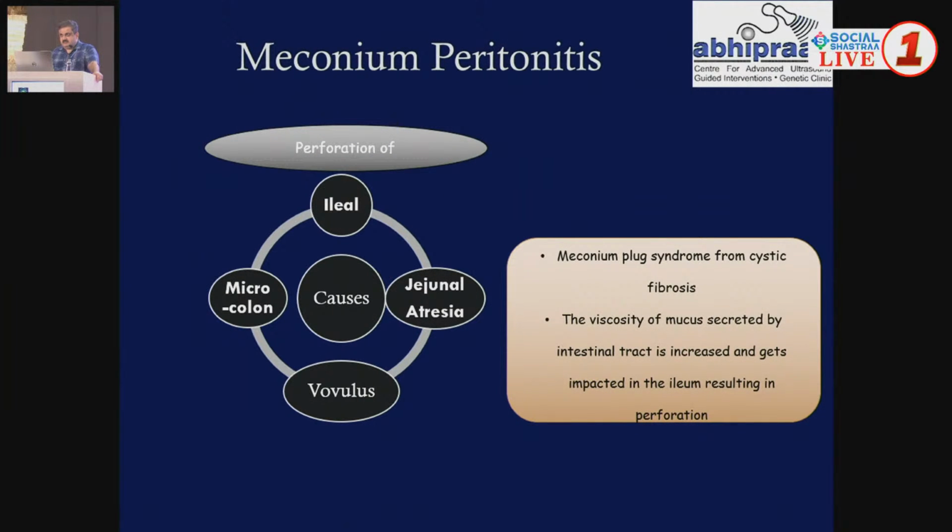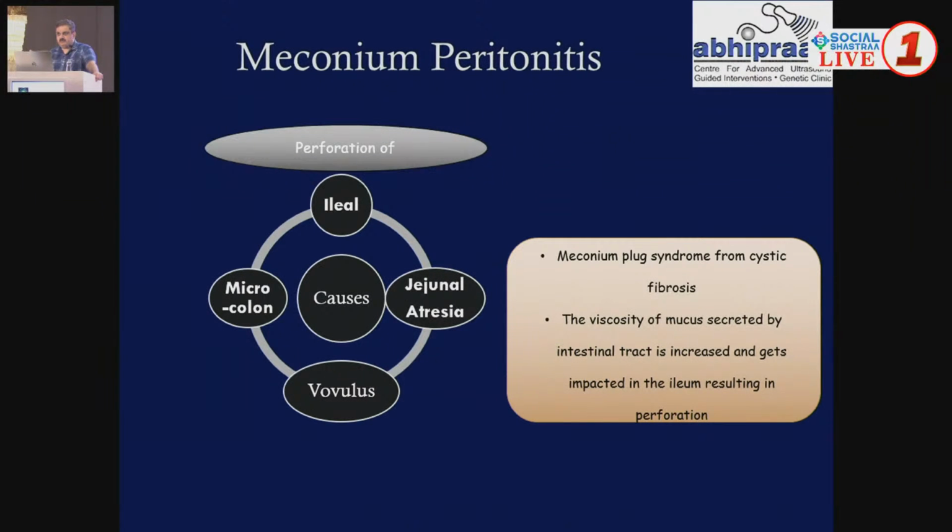When it concerns meconium peritonitis, you also have to consider the possibility of cystic fibrosis, especially if you don't see the gallbladder. You have that meconium plug syndrome where you have increased viscosity of the mucus leading to an obstruction in the narrowest portion of the small bowel, and that's the ileocecal junction.